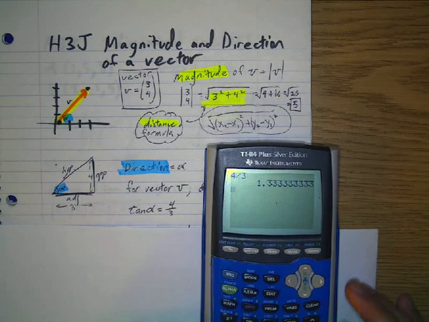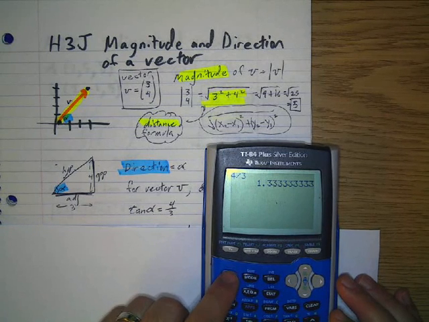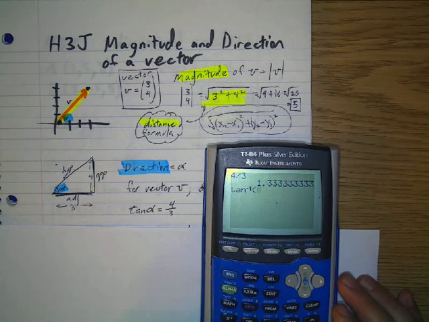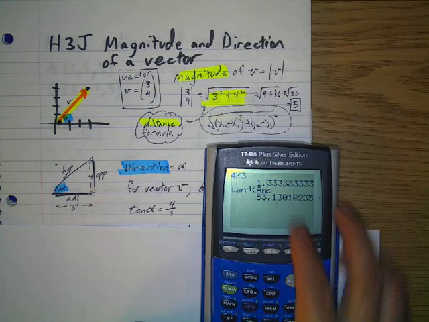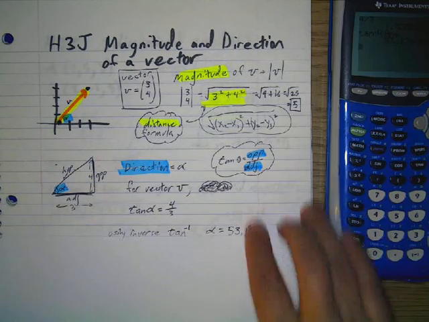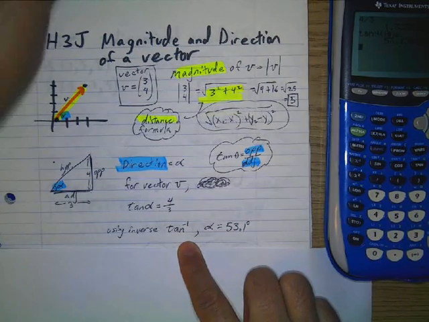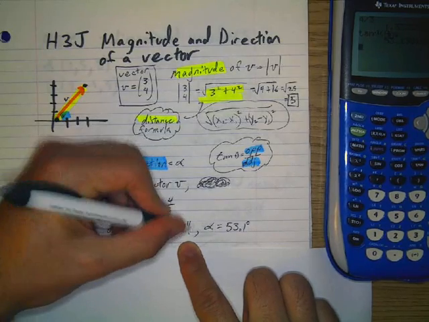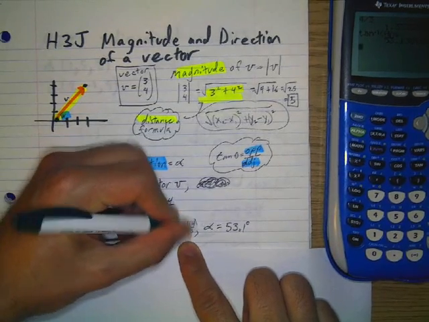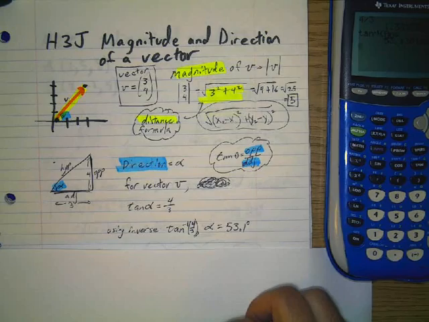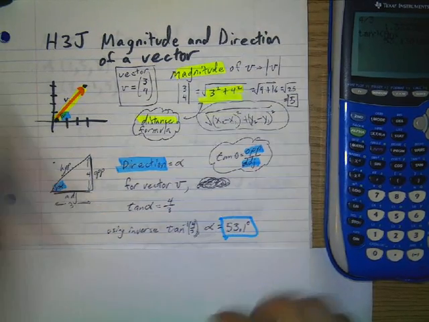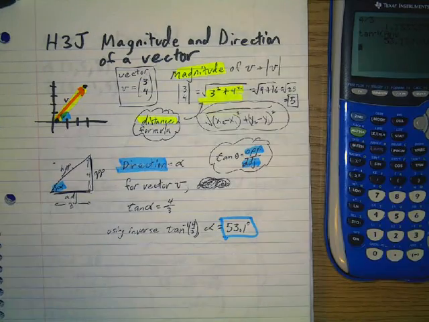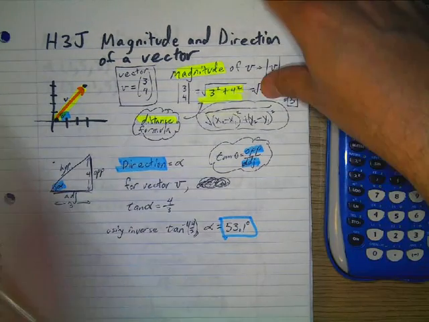Now, if I do second tan, and then the previous answer, and I hit enter, I'm going to get 53.1 degrees. So if I do the inverse of tangent of 4/3, I'm going to get 53.1 degrees. Okay, and that's it for H3J.